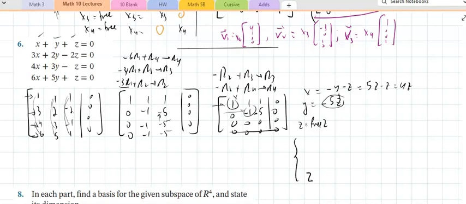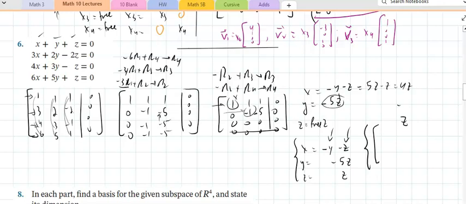I'll list Z on the bottom, and Y would be negative 5Z, and X would be negative Y minus Z. And if I list those as vectors, I'm looking at 1, negative 5, 4.